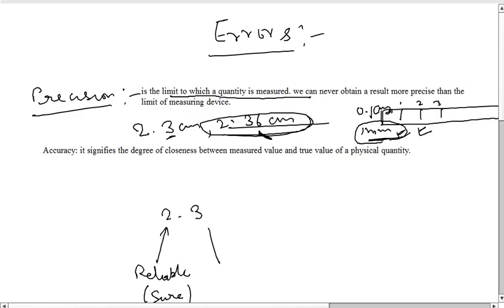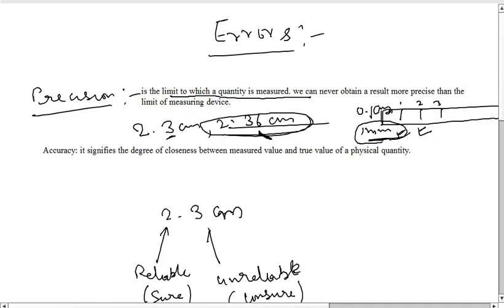This is unreliable. For example, we measured a distance by our scale, and with our scale we measured that it is 2.3 centimeter. That is 2 centimeter plus 3 millimeter. Now this 3 digit is the unreliable or unsure digit. Why?